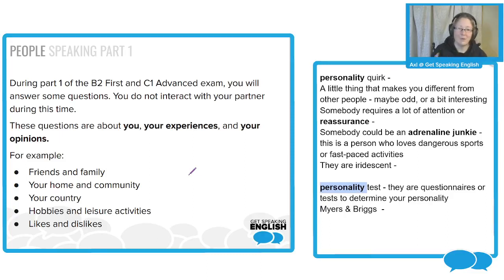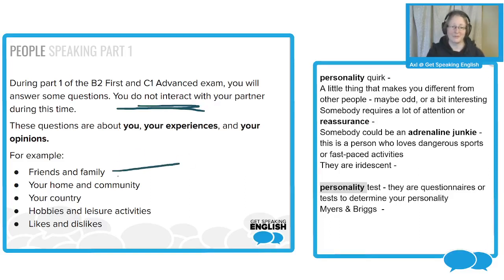At this point, you don't interact with your partner. You don't have to respond to what they say, and they don't respond to what you say. These are basically just questions to let you warm up, and they're always going to be about you, your experiences, your thoughts, your opinions.